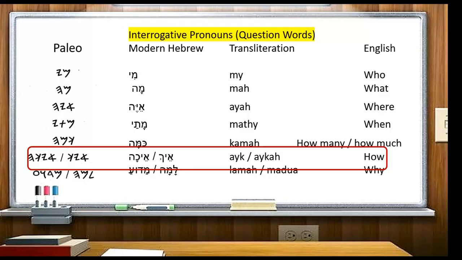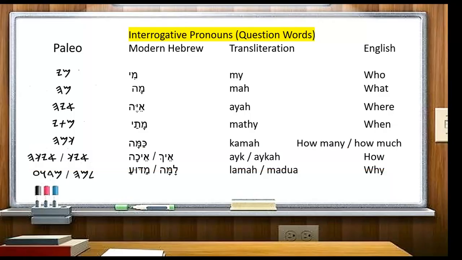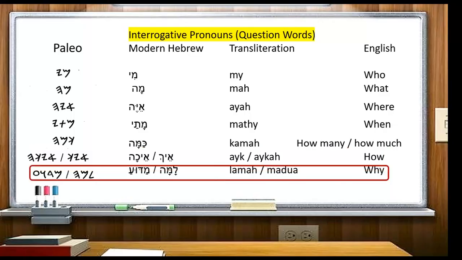So Aika is the word we use to ask how. And then finally, the word to ask why is lama, and in another context you may see madua. So lama or madua.